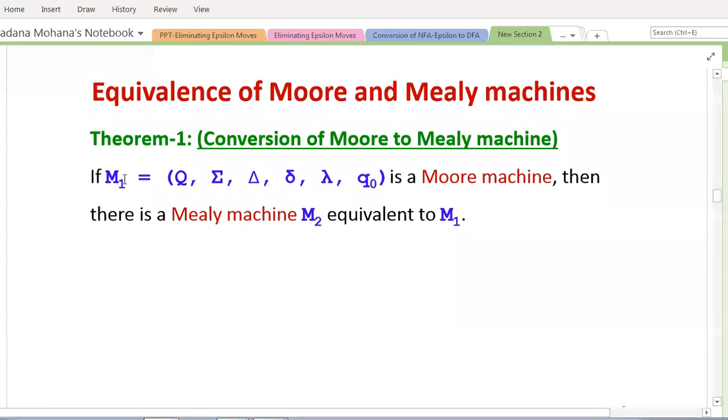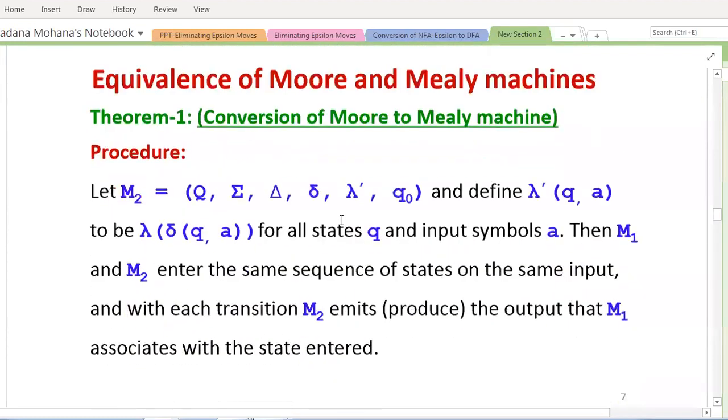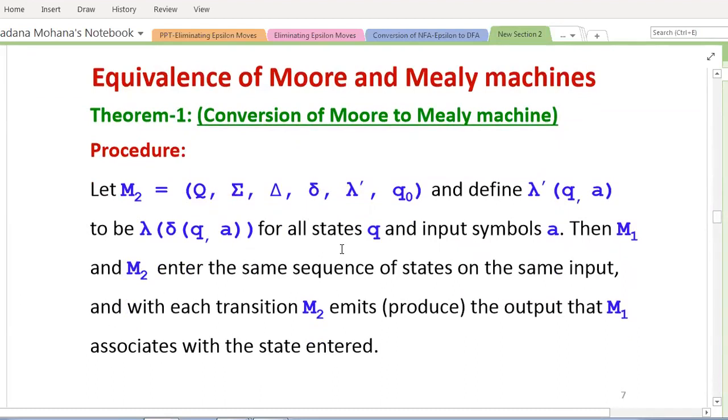Now the theorem statement is: if M1 equals (Q, sigma, delta, lambda, q0) is a Moore machine, with output alphabet delta, transition function delta and output function lambda, then there is a Mealy machine M2 equivalent to the given Moore machine M1. So by using this theorem, the procedure is given below.